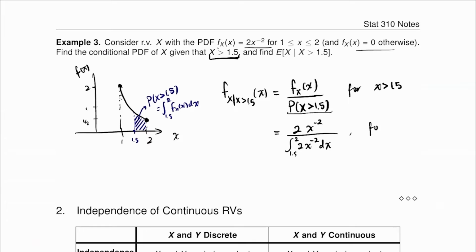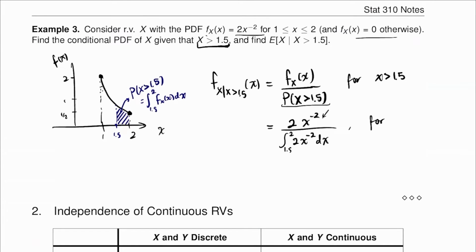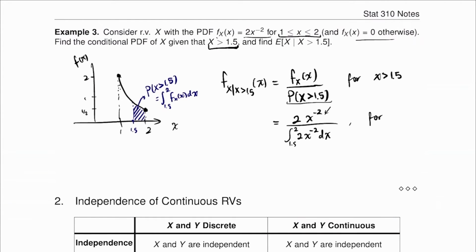And this is going to be for x... well, the marginal, remember, is for x between 1 and 2. So this is for x greater than 1.5 but less than 2, so it's for x between 1.5 and 2 as well.